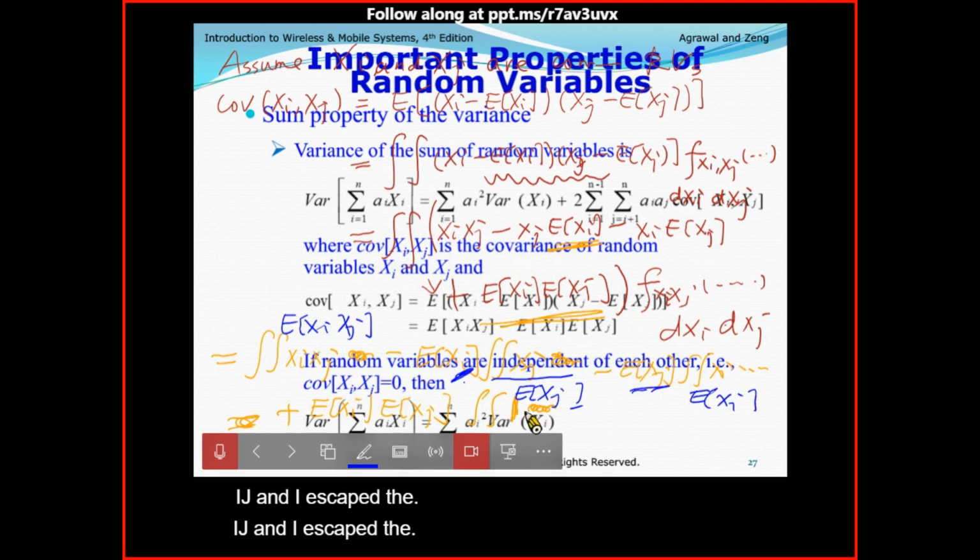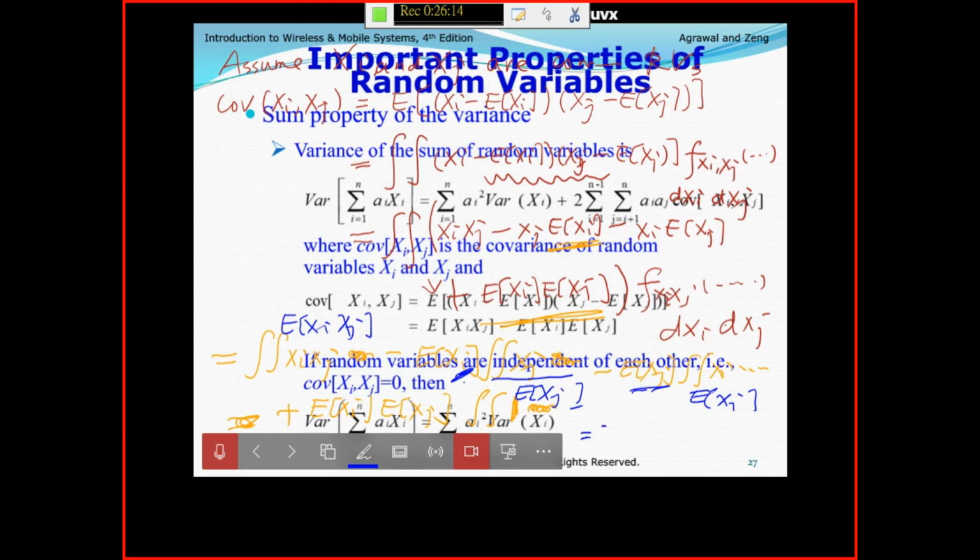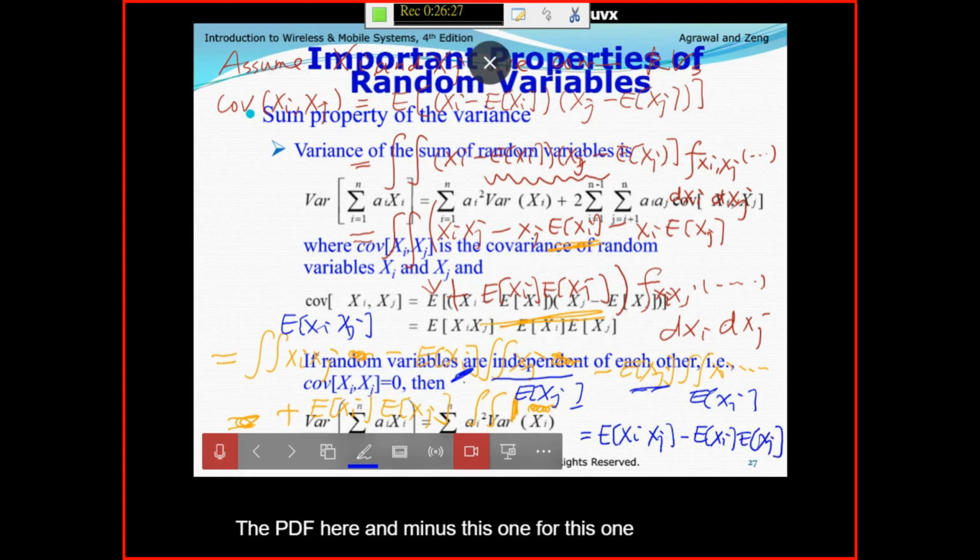All right, so the second one has a minus, and the last has a plus. So finally, we will have these. 2 minus plus 1, so of course, you will have a single one. That's it.